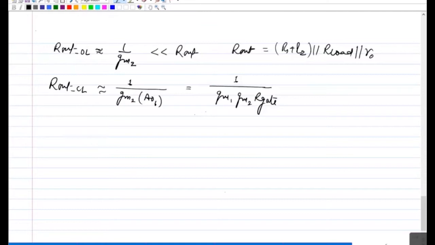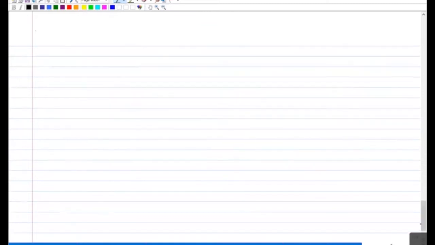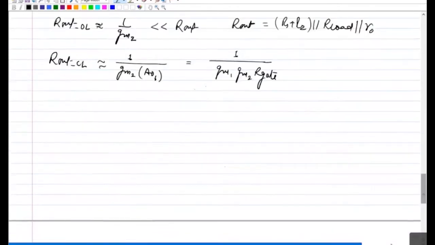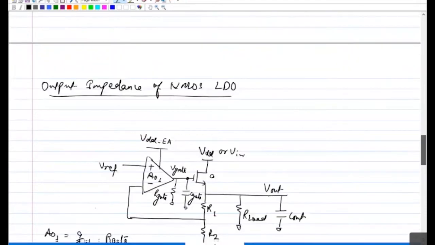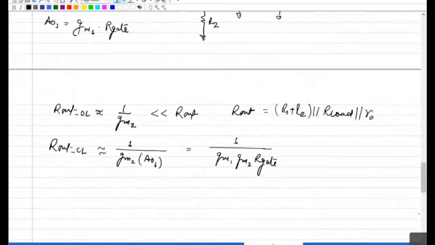So 1/gm2 is obviously much less. So let's see what happens if, let's say, my pole is at the gate, assuming omega P gate is dominant.